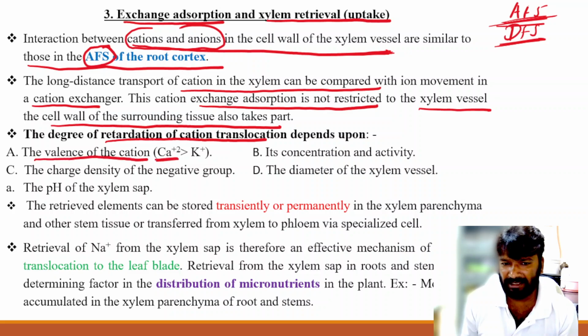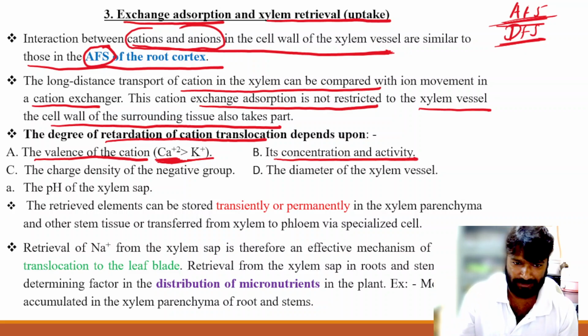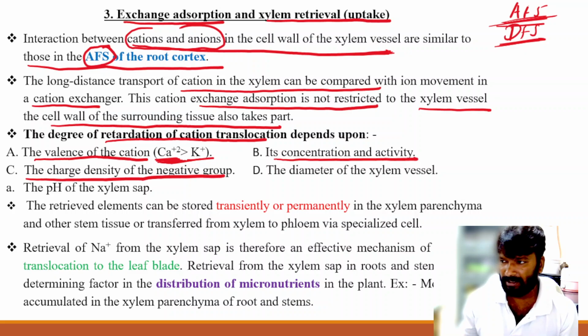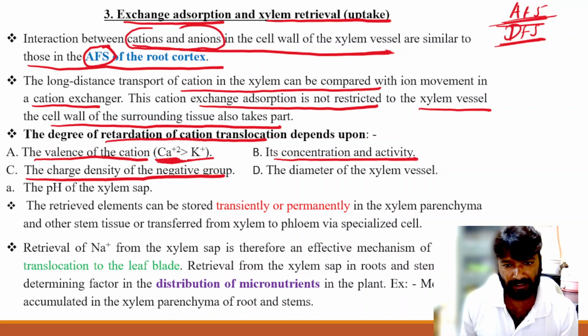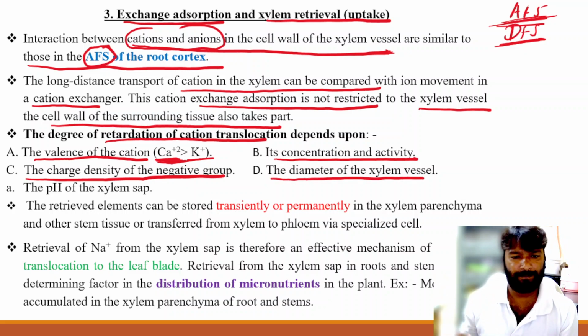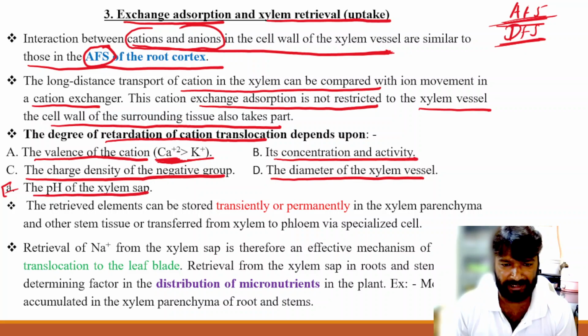Already discussed that high valency means high adsorption, and on their concentration or activity, high concentration or high activity, the charge density of the negative groups, total negative ions present in the xylem, the diameter of the xylem vessels, and next is the pH of the xylem, and the formation of chelates.